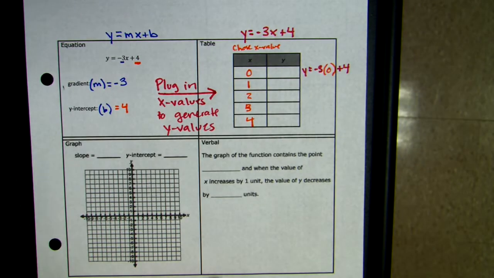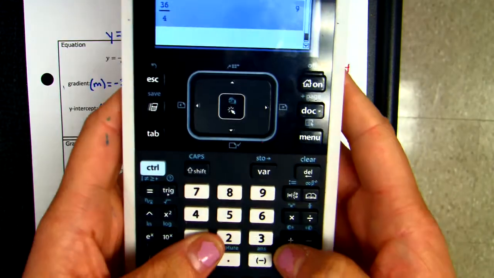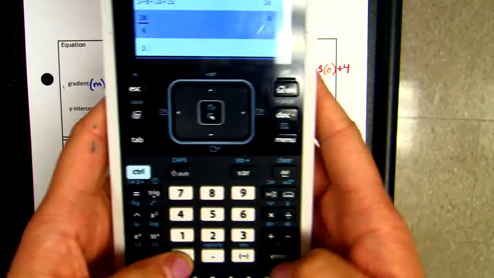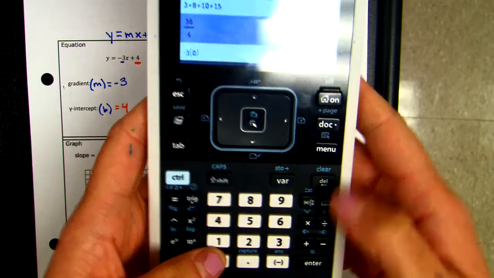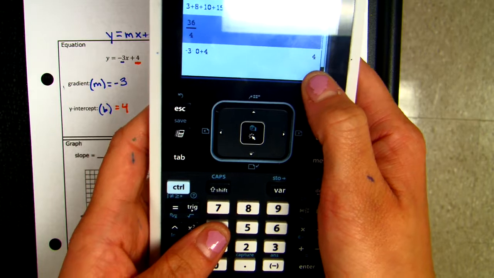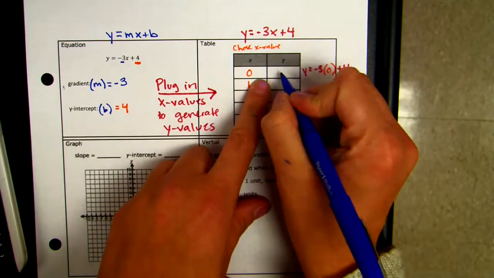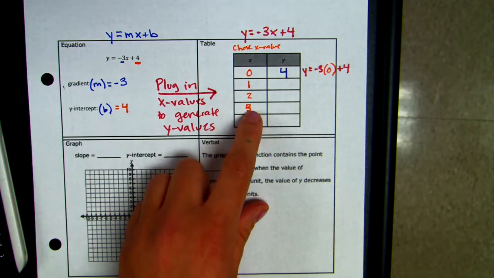Okay, now if I plug that into my calculator, I plug in negative 3, parentheses 0, plus 4, I get 4 as my y value. Okay, because I've gotten 4 as my y value, y becomes 4.